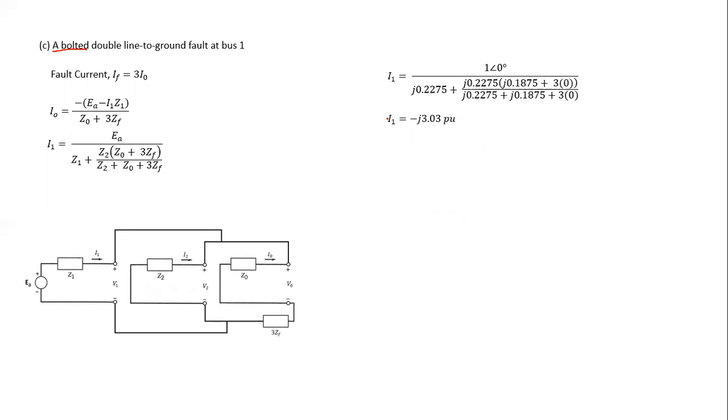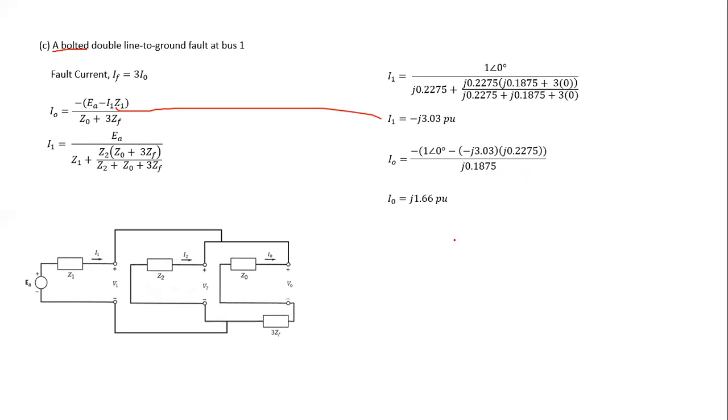And we use this value to solve for I0. So EA, that is 1 angle 0, and then the value of I1, Z1, and Z0. ZF is 0, so this is plus 3 multiplied by 0, or simply j 0.185.